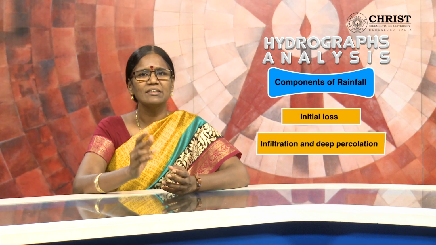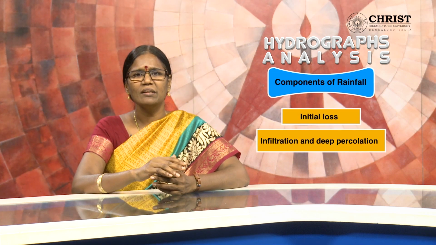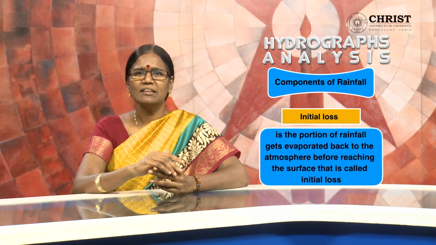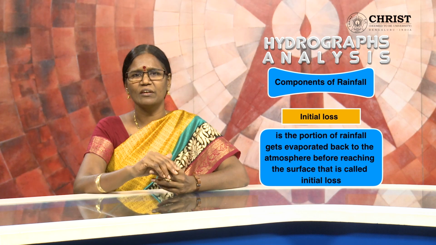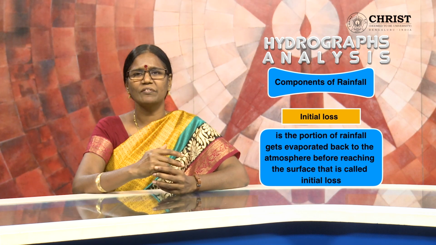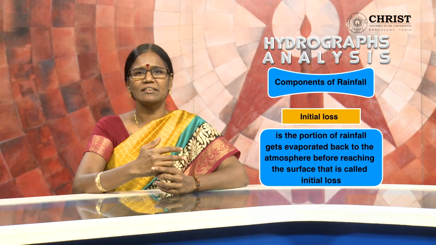Now, coming to components of rainfall, we have three components. The first one is initial loss, the second one is infiltration and deep percolation, and the last one is runoff. Coming to initial loss, it is the portion of a rainfall that gets evaporated back to the atmosphere before reaching the surface, that is called initial loss.